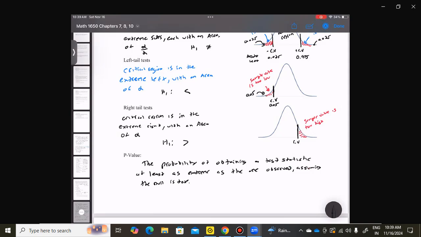Think about it as the probability of our sample data happening, assuming the null is true. Right, and it's basically the measure of strength of our evidence.